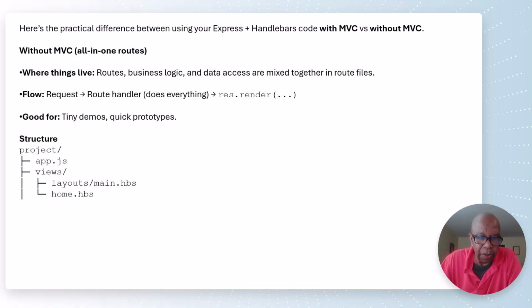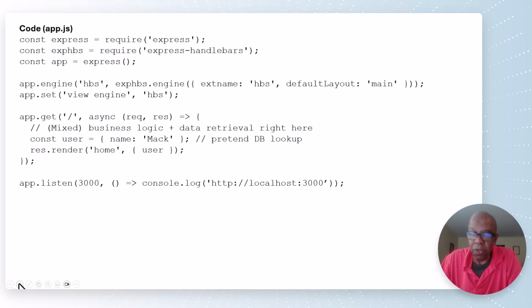Ideally, for small applications, it really doesn't matter. Small applications are not big enough to worry about. But as your application gets bigger, it's most important that you start organizing the information using an MVC methodology.